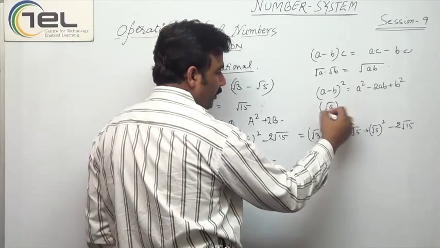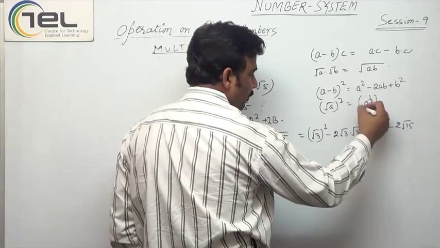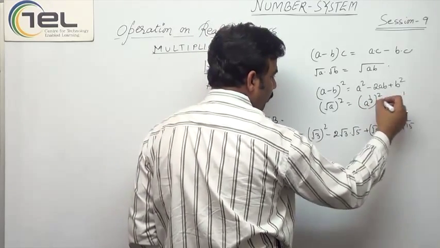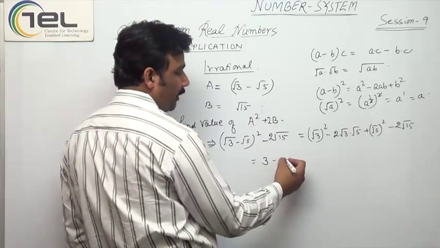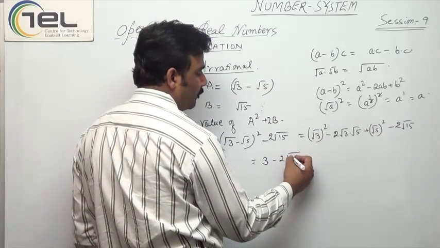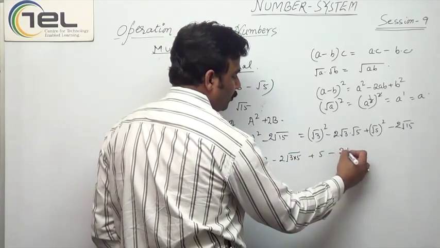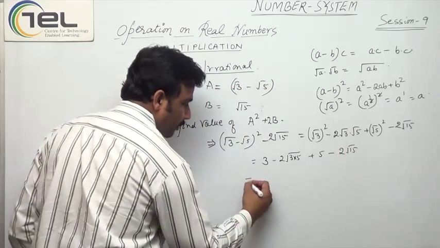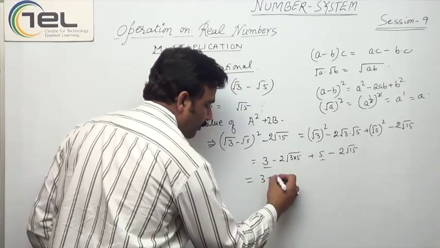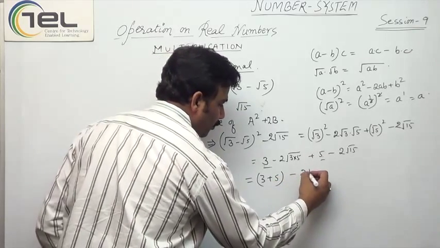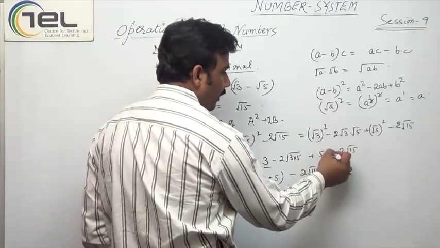The square root of a is a raised to the power half, raised to the power 2, is equal to a raised to the power 1. The powers cancel and it is equal to a. So it is 3 minus 2 times root 3 into root 5, plus 5, which is minus 2 root 15. Now 3 plus 5 I will take together, minus 2 root 15.